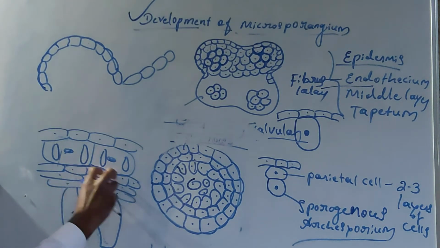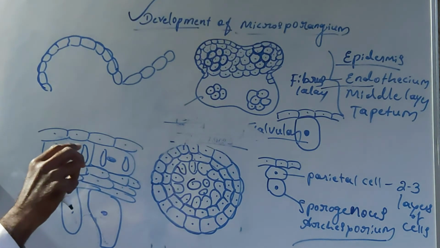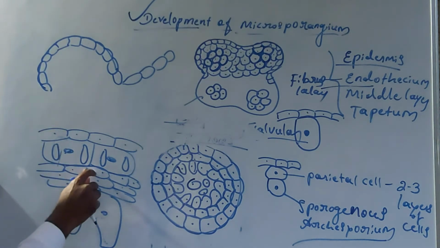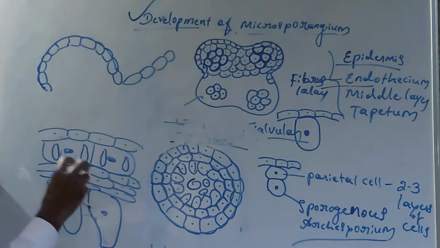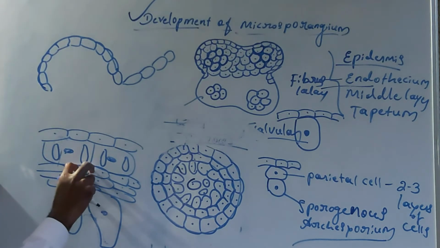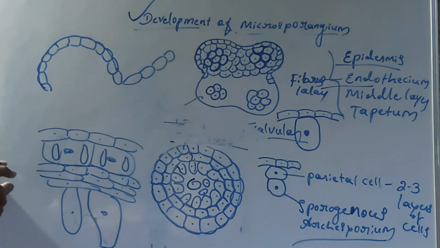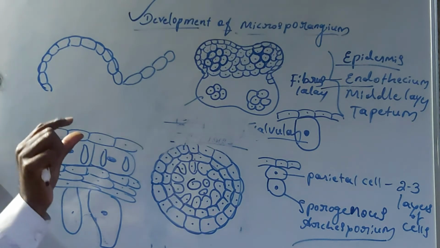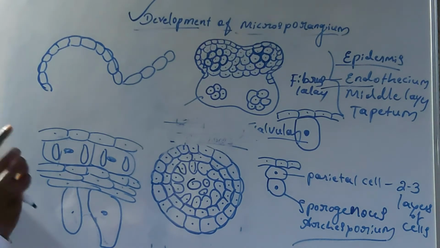As they contain food molecules, gradually on maturation the cells of this middle layer disintegrate. Whatever food material they contain, they supply to the inner growing sporogenous cells or the archisporium cells. In this fashion, the growth and development of the wall of the anther takes place gradually around the microsporangium.